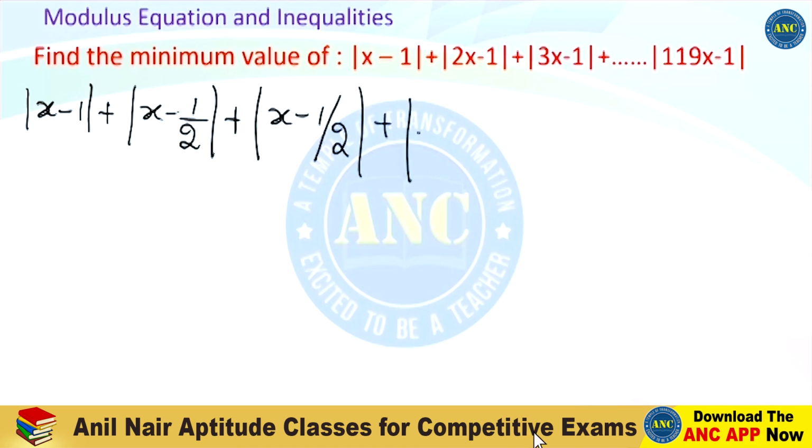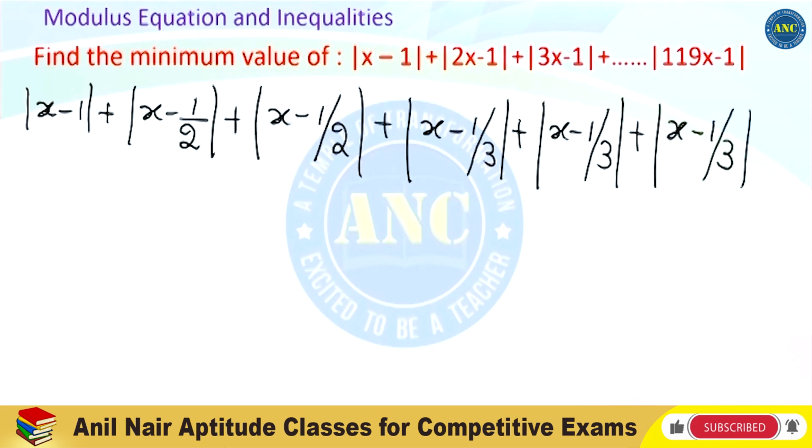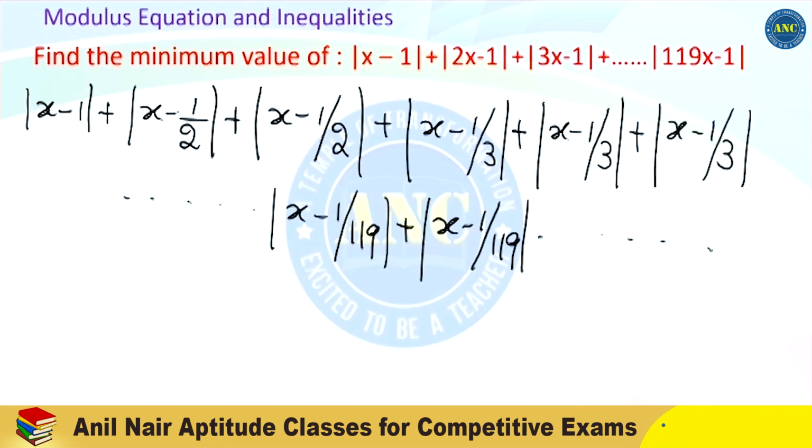Again, mod of x minus 1 by 3 plus mod of x minus 1 by 3 plus mod of x minus 1 by 3, and so on up to mod of x minus 1 by 119 written 119 times. Up to how many terms? It is 119 terms.